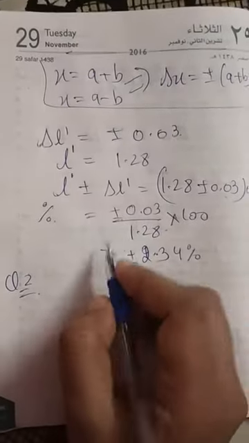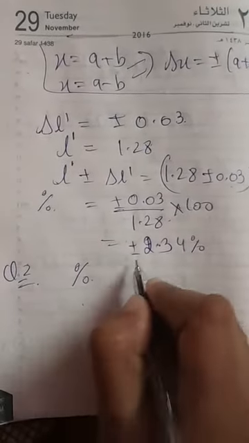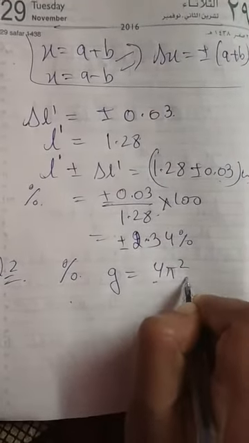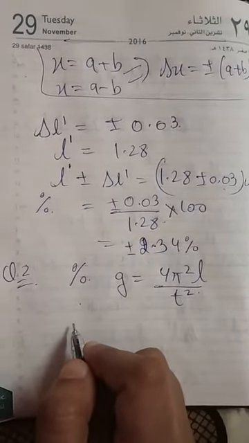Question number 2 says, calculate the percentage error in determination of, we have one formula, 4 pi square L upon T square, where L and T are measured.